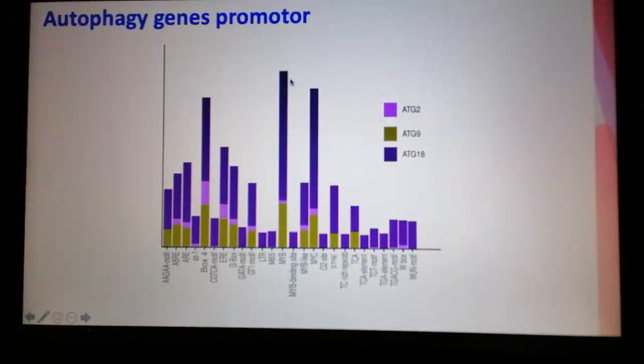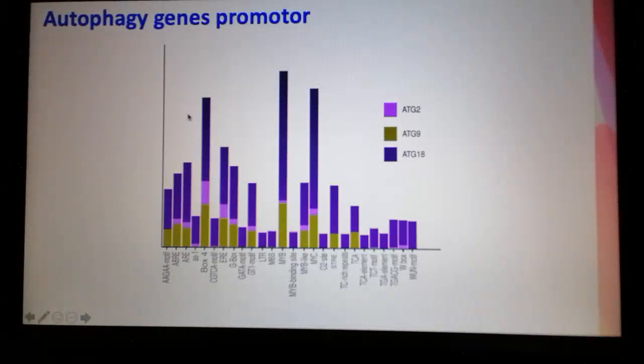Then, as well as we obtained the gene protein sequence, we also obtained the promoter sequence. We considered 2000 base pairs and with it we found the transcription factors in ATG2, ATG9, and ATG18 with PlantCARE software. We found MYB is the most abundant transcription factor in general, followed by MYC and BOX4. MYB is involved in abscisic acid response.